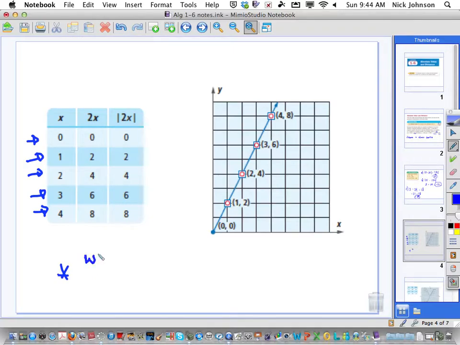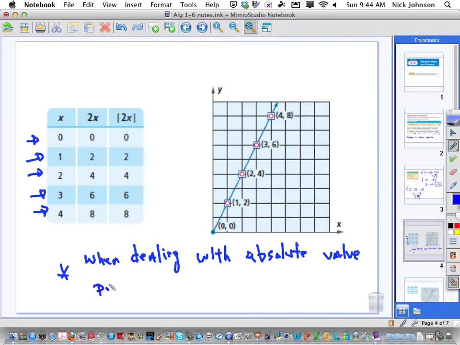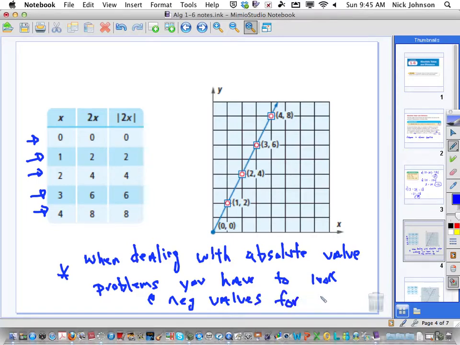When dealing with absolute value problems, you have to look at negative values for x.